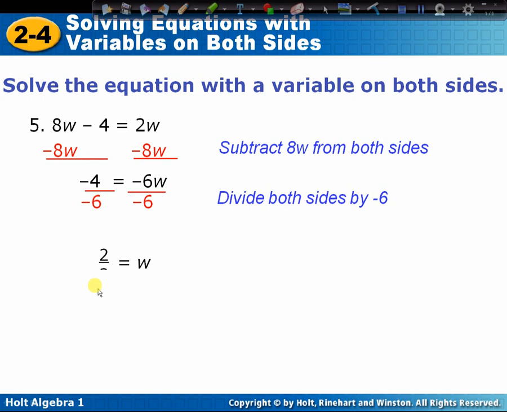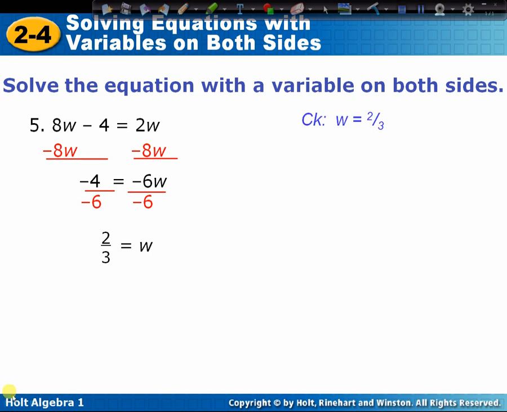And negative 4 divided by negative 6 is 2 over 3. And we're going to leave that just as a fraction. Our rule with fractions and decimals is if it's a pretty decimal, meaning that it stops, you can use the decimal form. If it does not stop or it's a repeating decimal, you need to use the fraction. And again, we go ahead and write this as W equals 2 over 3.